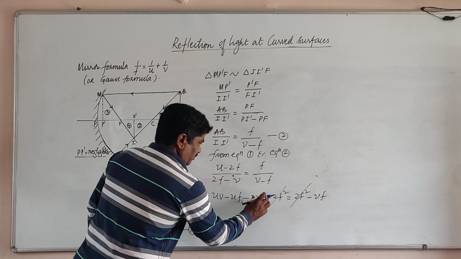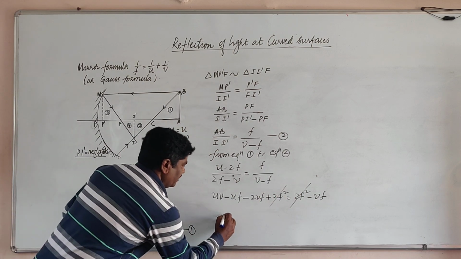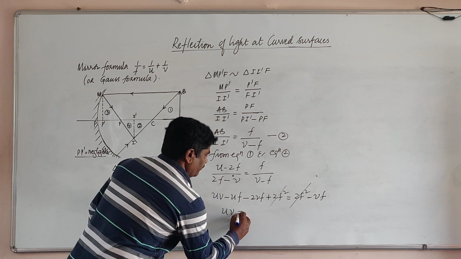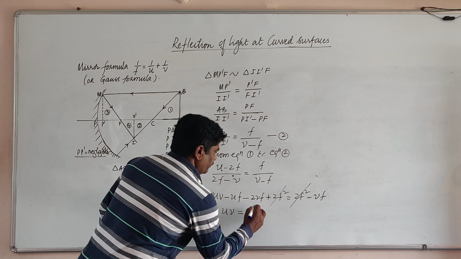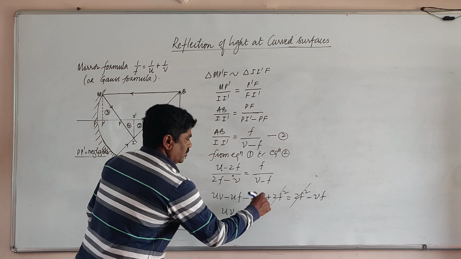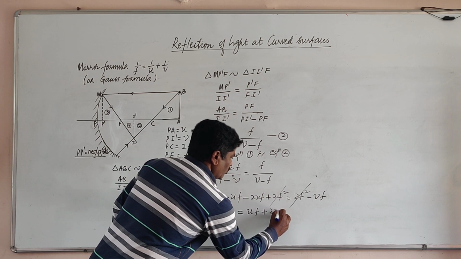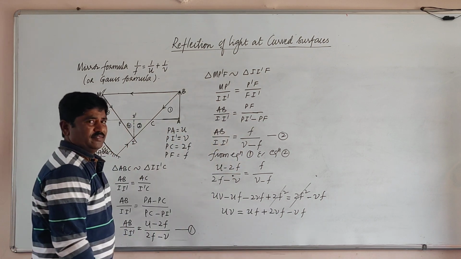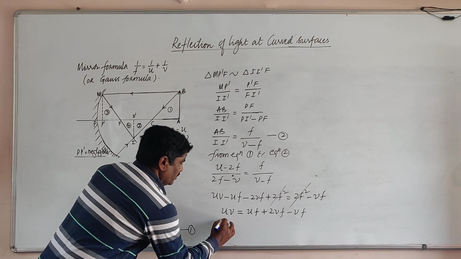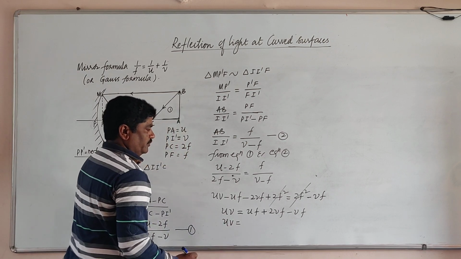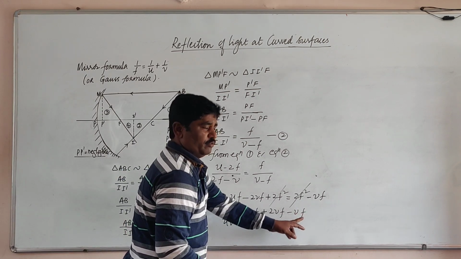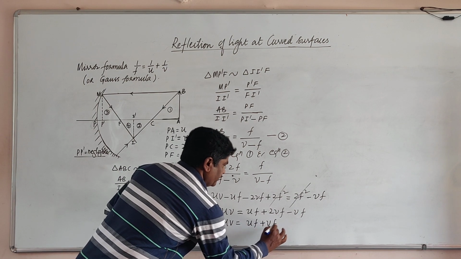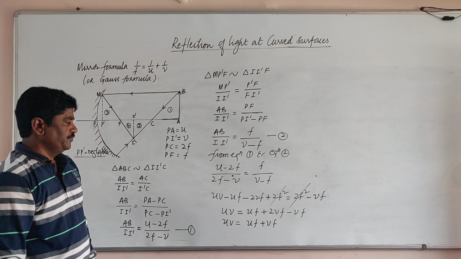Now all these F related terms we can take that side. Therefore UV is equal to, this UF will be positive UF, this minus 2VF becomes plus 2VF, here minus VF is there, right? Now UV is equal to 2VF minus VF, only VF will remain. So UF plus VF is there, right?